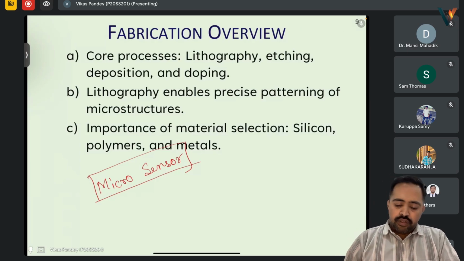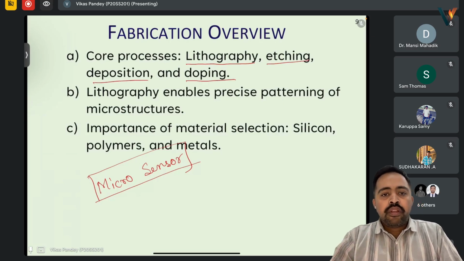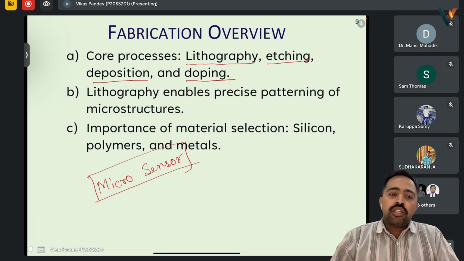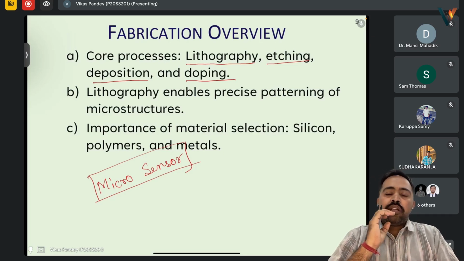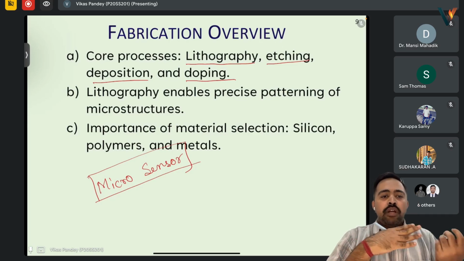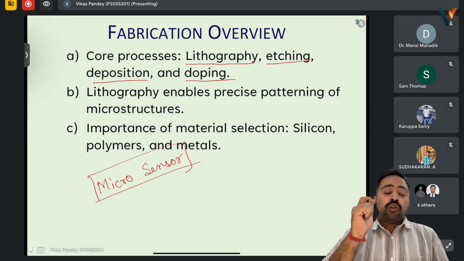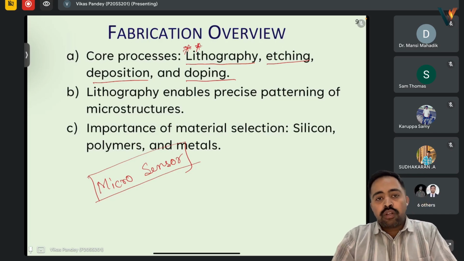Things like lithography, etching, deposition, and doping are some of the core processes used in fabrication. We use the same technology and adapt it for microsensors. One of the most important processes is lithography.